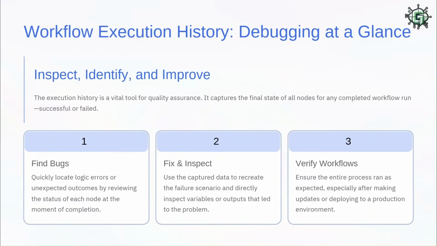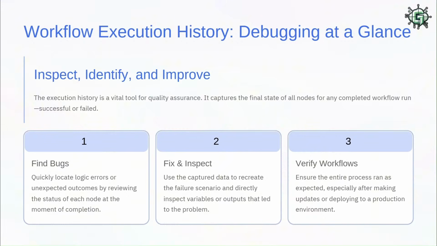Just like I told you, this is debugging. Here is where things get interesting. The execution history is your quick debugging tool. It shows the final state of every node after a workflow runs, whether it succeeded or failed. If you create automation using programming, you would require code to debug, and that's very hard. But here debugging becomes somewhat easy.